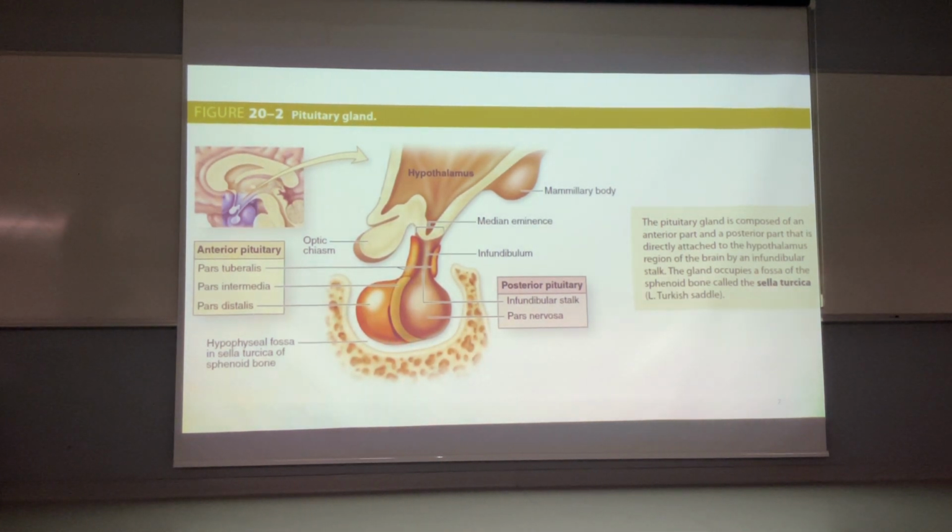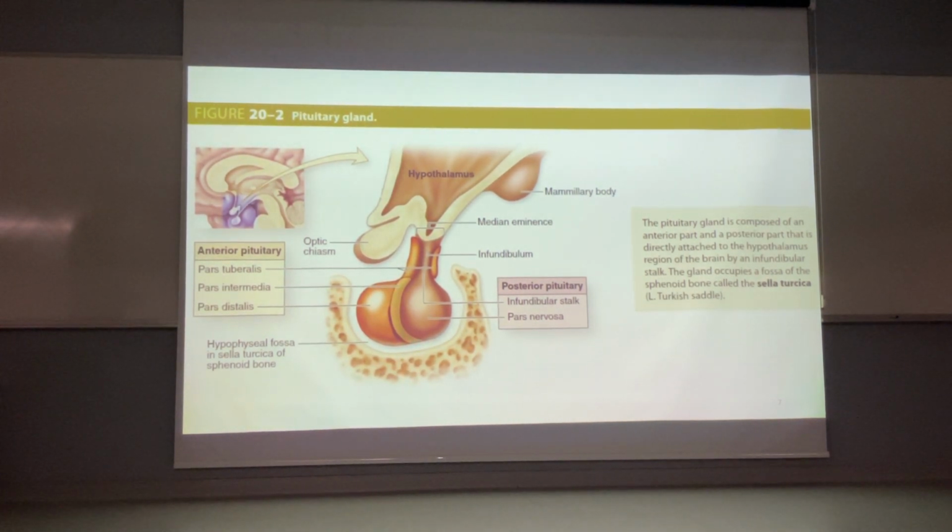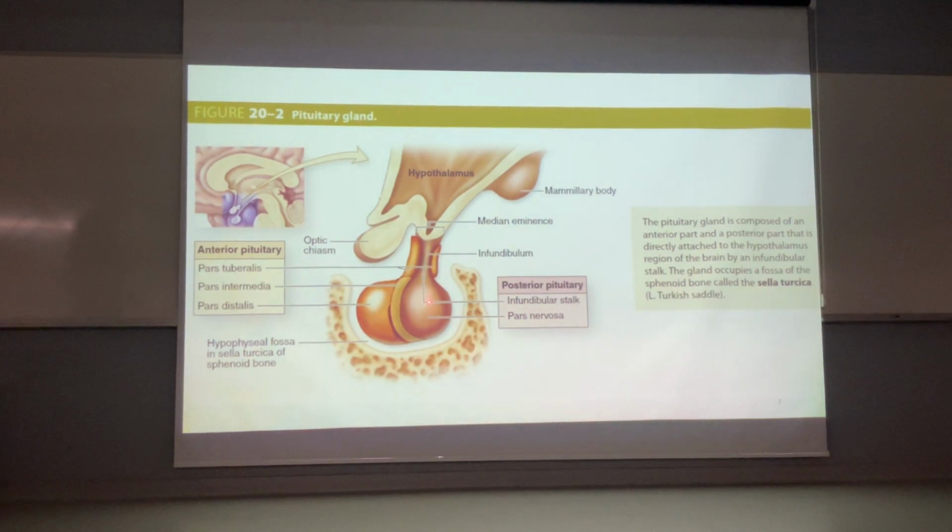The neurohypophysis is composed of two parts, the pars nervosa and infundibular stalk. With the infundibular stalk, the pars nervosa continues its connection with the hypothalamus. Okay?